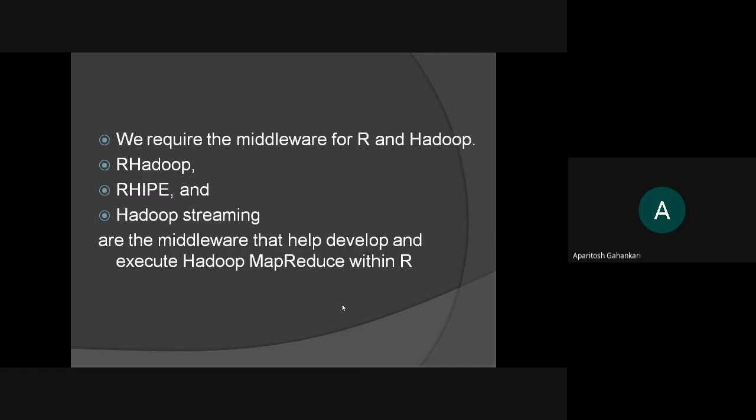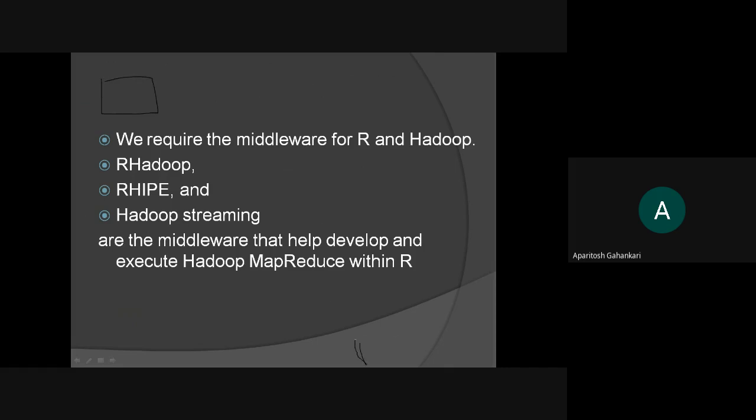Okay, so we require some middleware to deal with this R and Hadoop. So these are the middleware, that is R-Hadoop, RHIPE, and Hadoop streaming. So these are the middleware that will help us to develop this scenario. Okay, so what is the meaning of Hadoop middleware? The middleware means, now it is clear, that this will be one program.